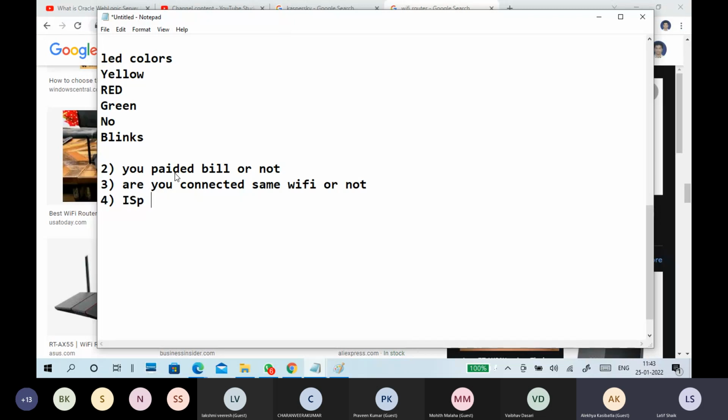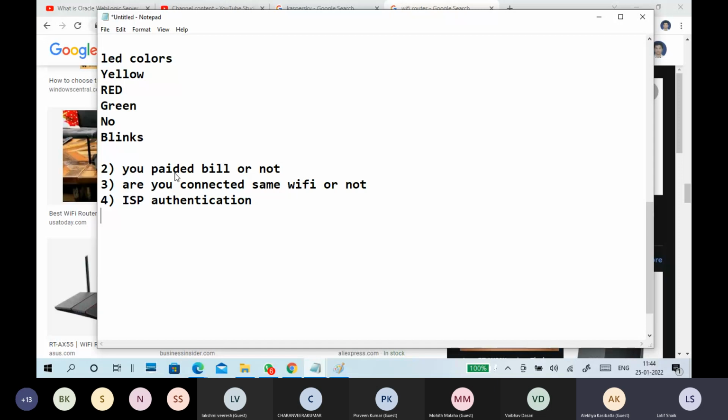So ISP authentication is also important. Okay, there is a very funny thing also. When I ask for the password of your Wi-Fi, people think of the ISP password. Some people think two passwords are there.